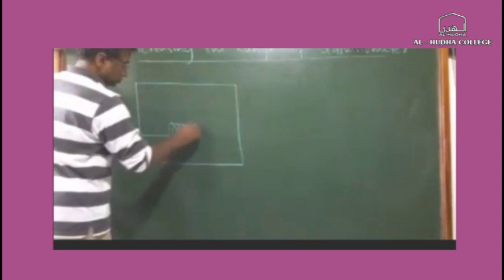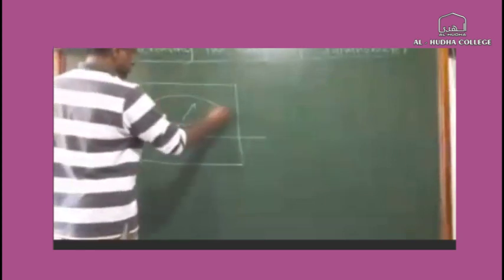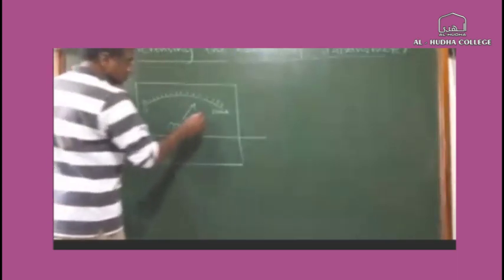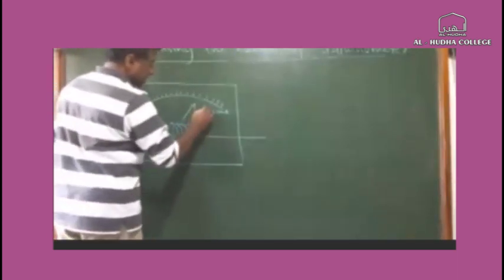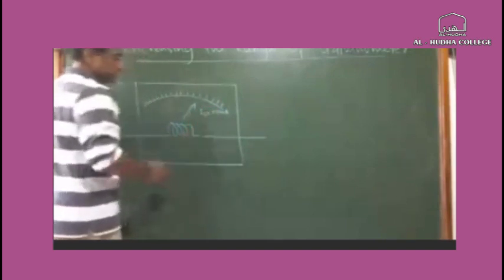So we first draw the usual galvanometer setup. We have a scale that is marked from, say, 100 milliamps. Now this FSD, we'll say IG is the FSD, right?